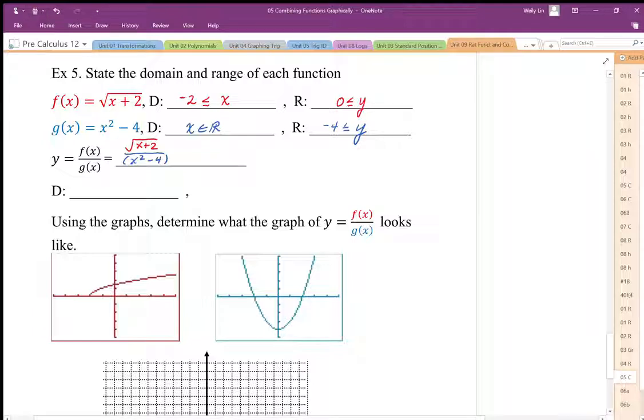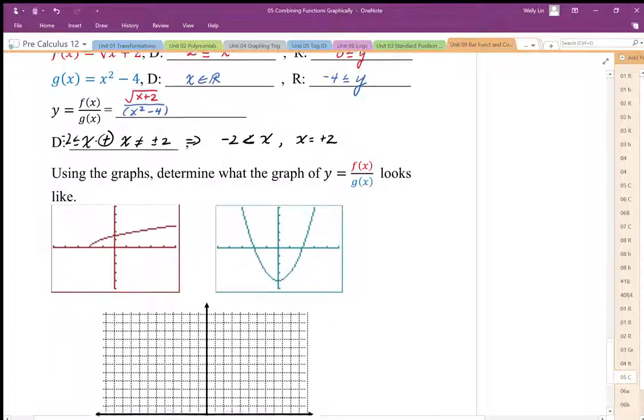So x must be greater than or equal to -2. But we also have restrictions that x cannot equal plus or minus 2. So we're going to have to get rid of that. Combining these together, the restriction ends up being x must be greater than or equal to -2, and x cannot be equal to +2.